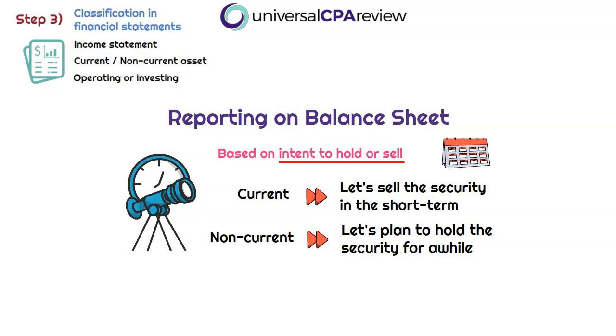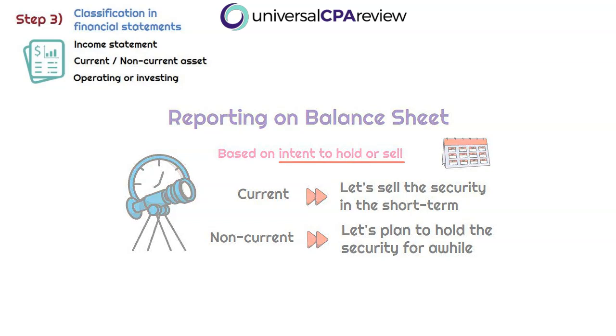But if they plan to hold for 2, 3, 4 years, that's going to be more long-term or non-current, right? So most of the questions will indicate what the company's plan is for this investment, so use that information to assess whether it's going to be current or non-current on the balance sheet.